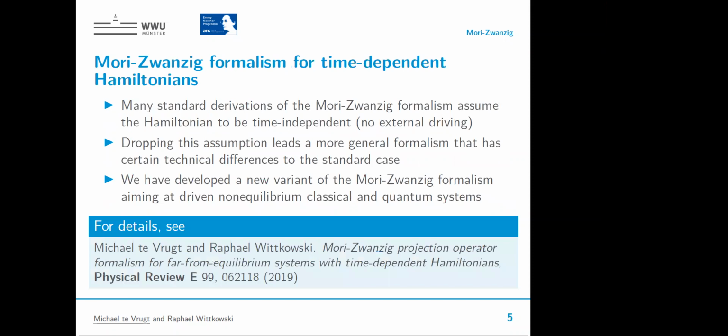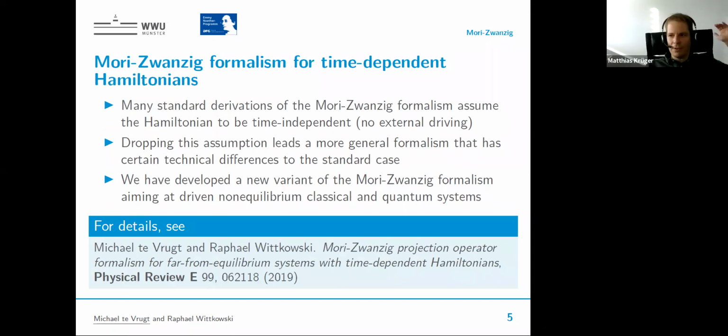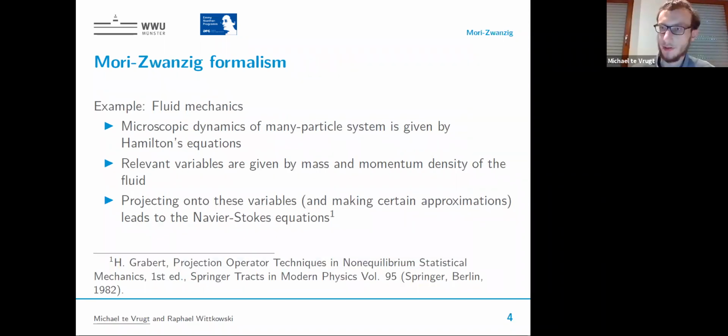Sorry, yes? Can I ask a quick question? Could you just briefly mention the approximations? So the main approximation is the Markovian approximation here. So I'll talk about this on some later slides in more detail, but you first of all get an exact transport equation that has a memory kernel, and then you assume that in this case, mass and momentum density are slow variables, which here, for example, means that energy density is not, so the system is isothermal, and then you get closed dynamics for mass and momentum density.